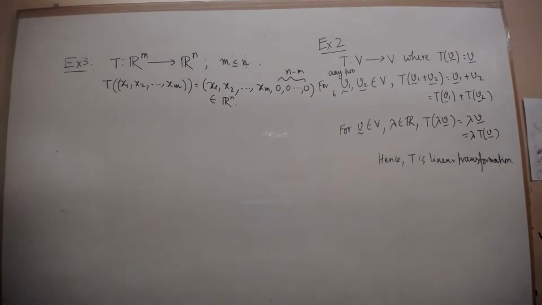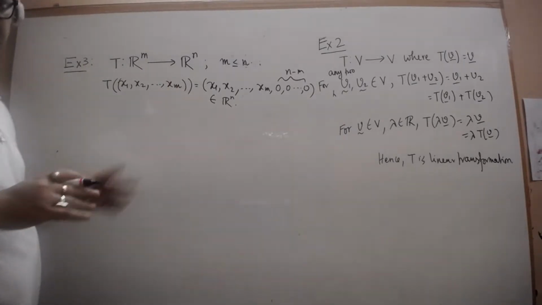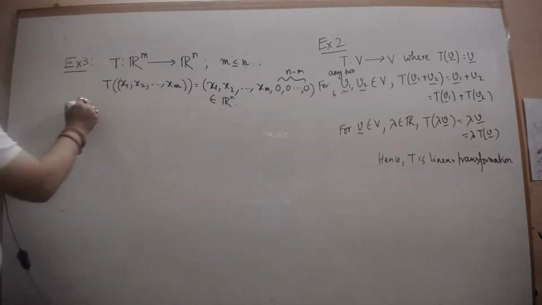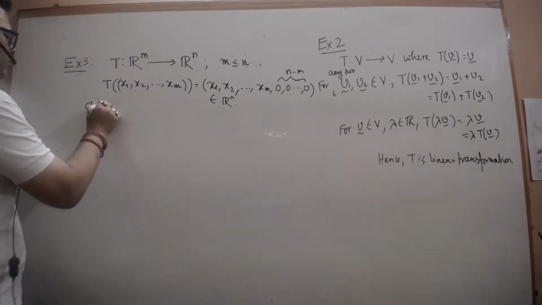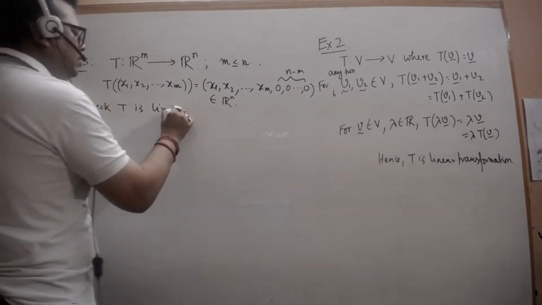So this gives a linear transformation. You can check the same way to see that this is a linear transformation. Check T is a linear transformation.